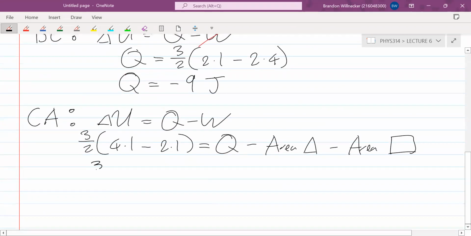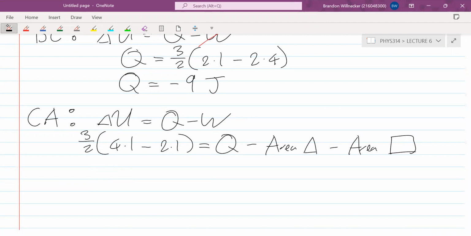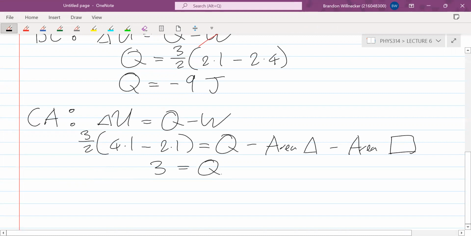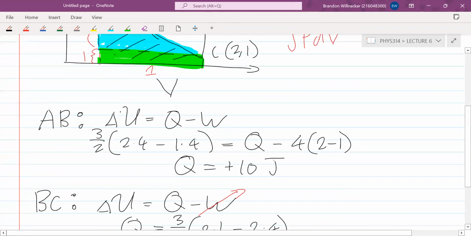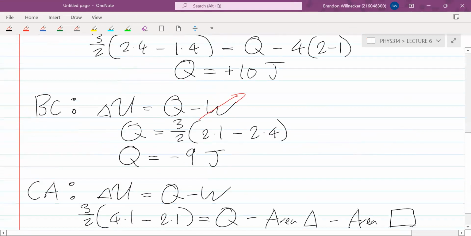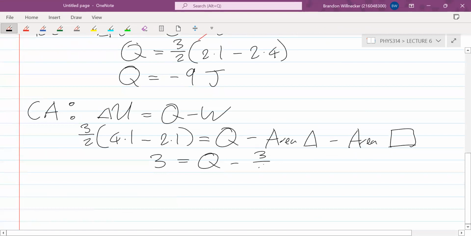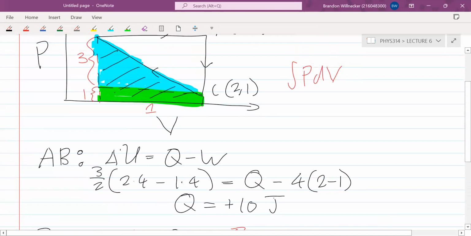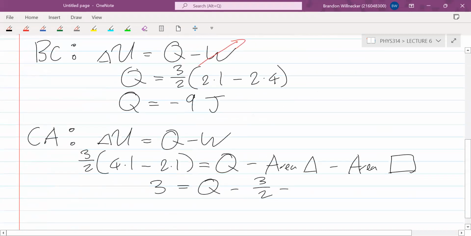So that's going to be 3 over 2. We can simplify that as well. 4 minus 2 is 2, times 3 over 2, that's just 3. Q minus the area of the triangle, remember half base times height, so that's 3 over 2, and the area of the rectangle, that's 1 by 1, so it's just 1.